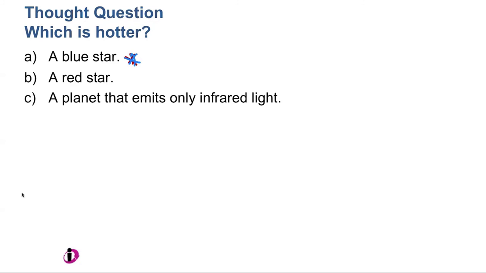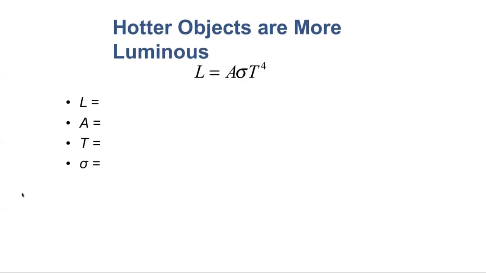Okay, one more topic in this particular section, and that is, we've quantified how the wavelength changes as an object's temperature changes. How does the luminosity or brightness of that object change as we change the temperature? And that's this law. L equals A sigma T to the fourth. So let's write these equations down, define these terms, and we'll tell what we're talking about. L is a word that you've probably heard before called luminosity.